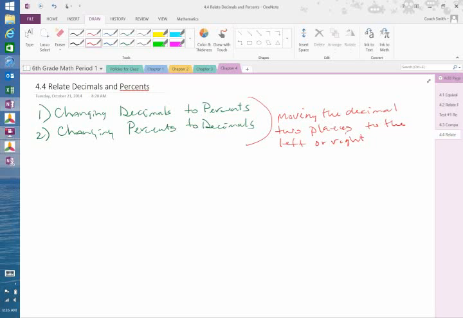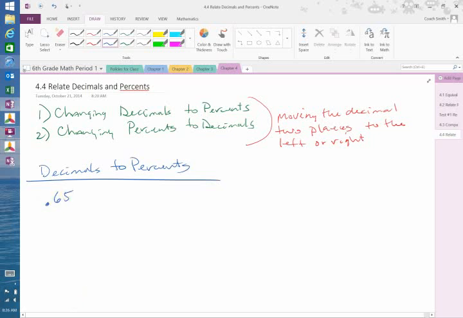For example, let's look at decimals to percents. If I have 0.65 and I want to change that to a percent, it's very simplistic.